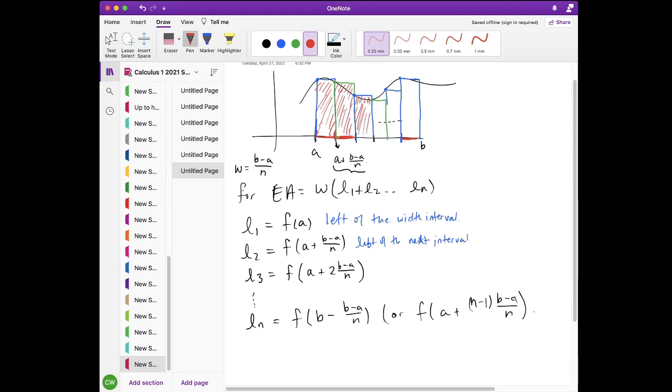Depending on how accurate you want to be, increasing the number n increases the accuracy. And that's not too hard to see. So that's the estimated area using this approximation. So more rectangles, better estimate.